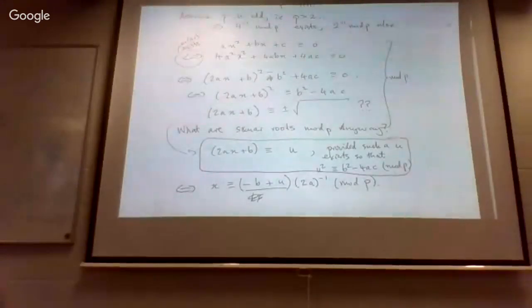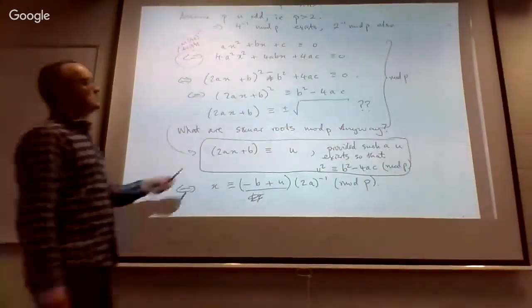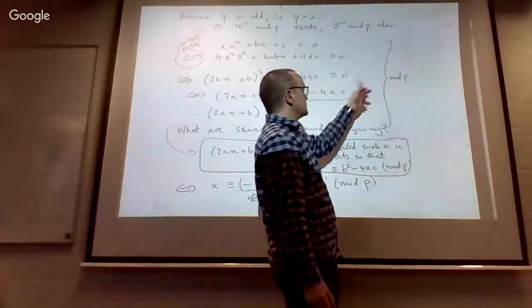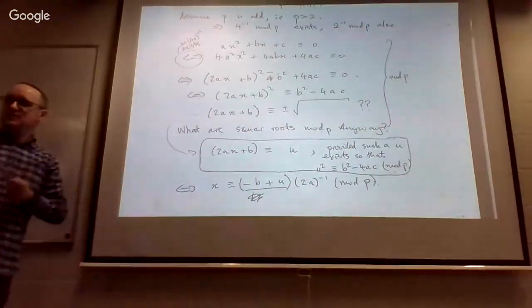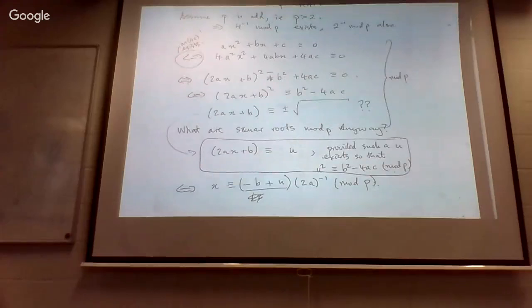So there's this condition in the red box which we haven't really considered much up to now. Does everything have a square root mod p? Do only some of the elements have a square root? p is any prime. Can you name me an element that does have a square root? Consider the simple elements mod p.